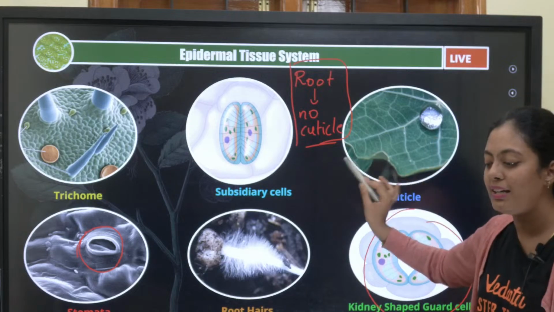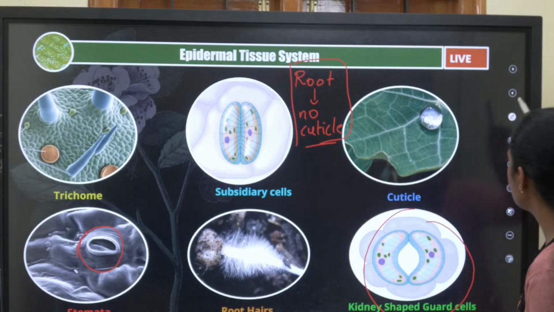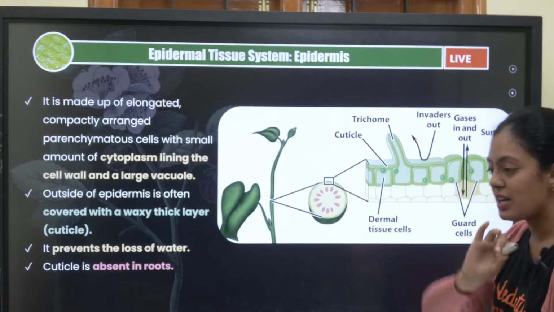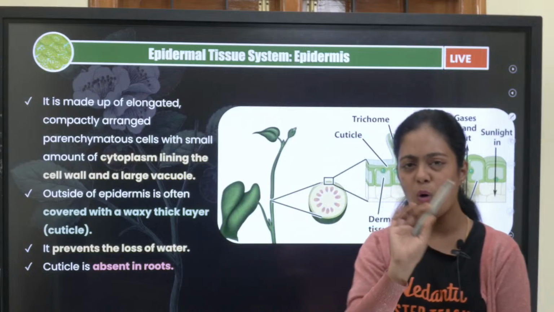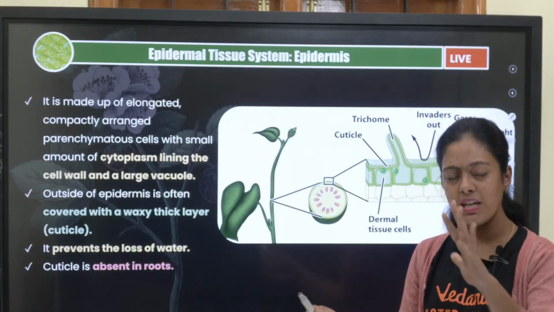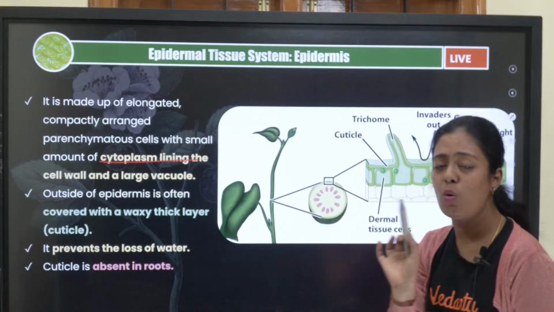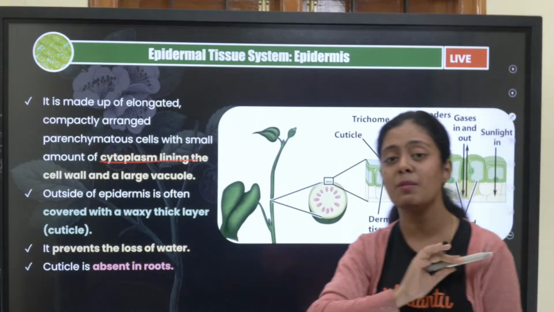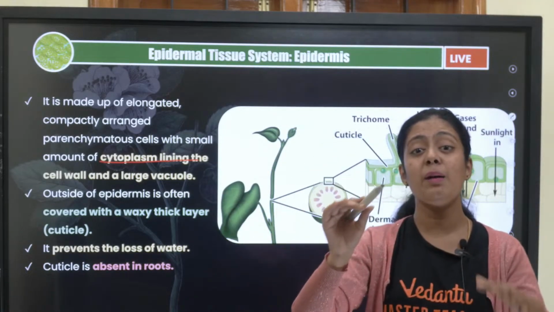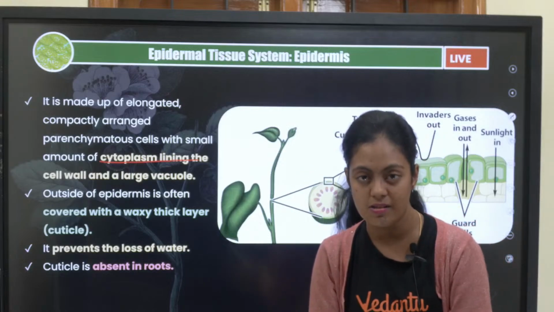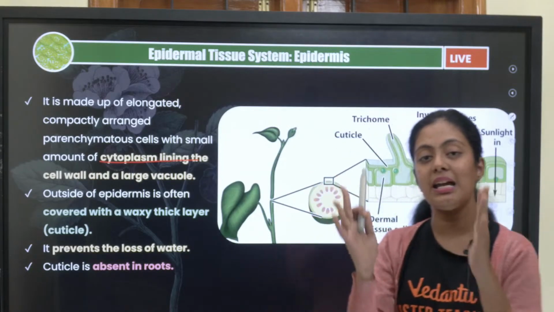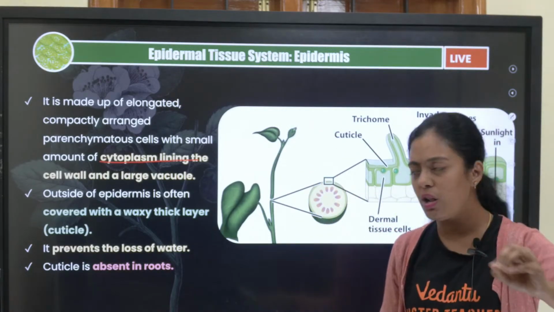This is a very important learning. Okay? Now let's try to understand what it is made up of. What are the things which we have already discussed? Let's see it as a recap. Okay, they are made up of a single layer. Very important: epidermis is not multi layer. They are made up of a single layer of cells, compactly arranged, with very little intercellular spaces.